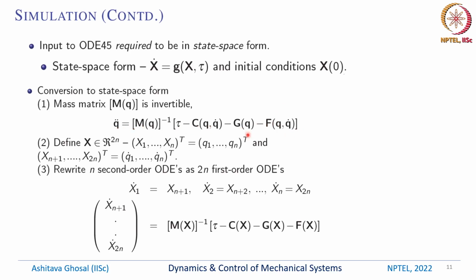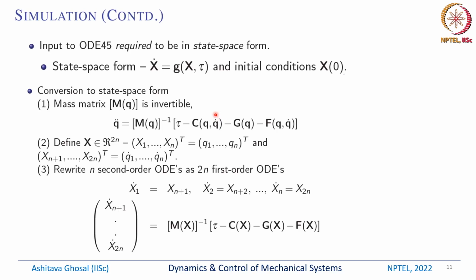Here f is the friction term, g is the gravity term, c is the centripetal Coriolis term, and tau is the external torque. Next we define x, which has twice the number of elements as q. So we have x1 through xn as q1 through qn. Remember, we had theta 1, theta 2, theta 1 dot, theta 2 dot.